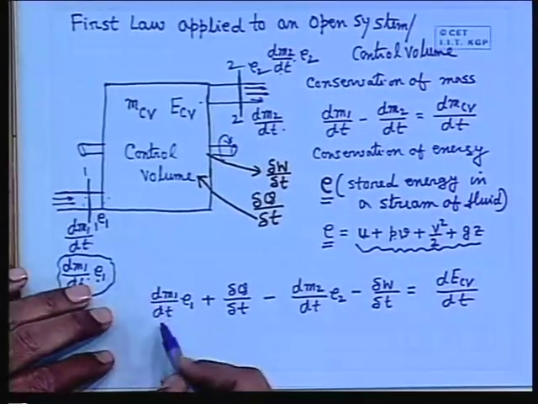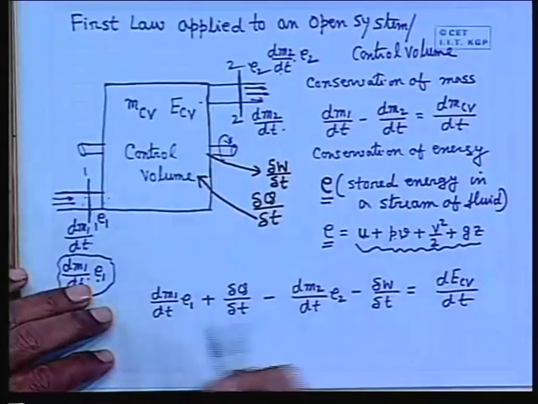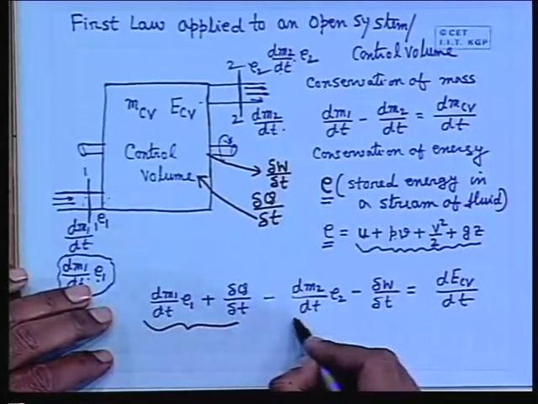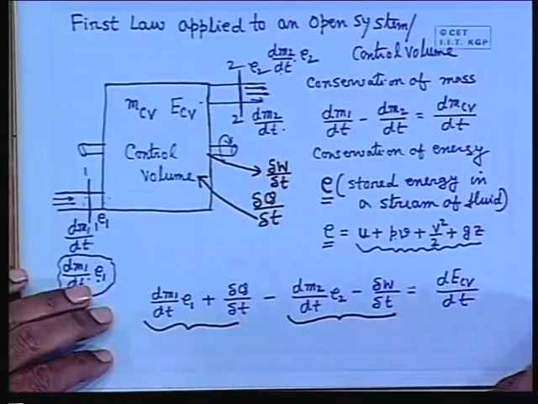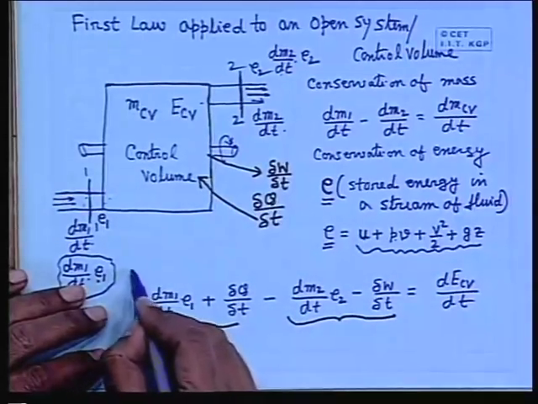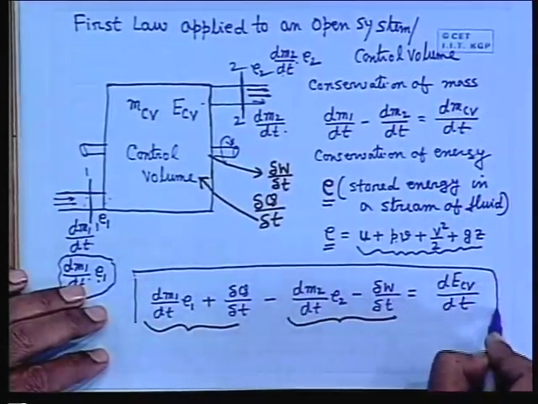That means energy quantity coming into the control volume minus energy quantity going out of the control volume is the rate of change of energy of the control volume. So this is precisely the conservation of energy statement of the control volume.